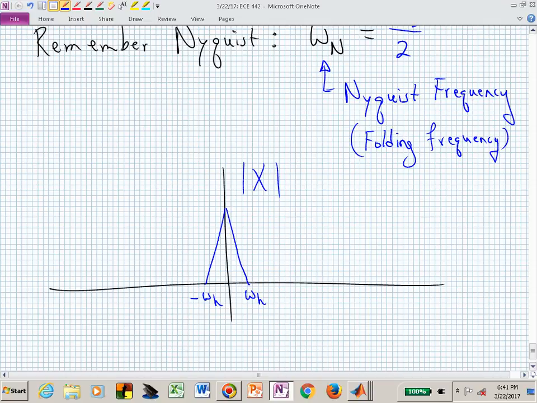So I now have omega sub h and minus omega sub h, and by sampling, I actually start making copies of this. So that now at every omega sub s and minus omega sub s, I have a copy of what I just created. And that's due to the sampling of my continuous time waveform.